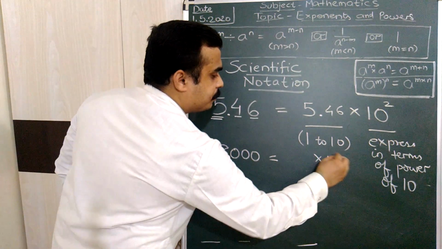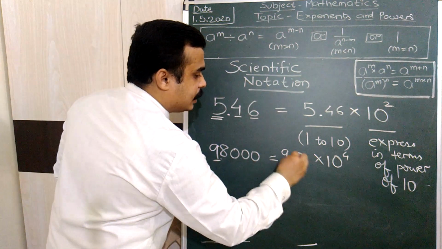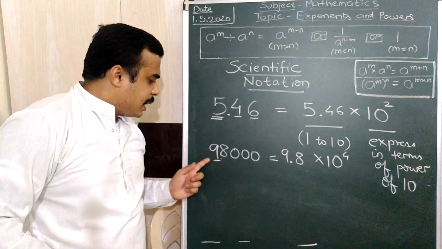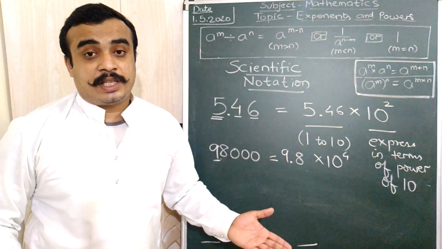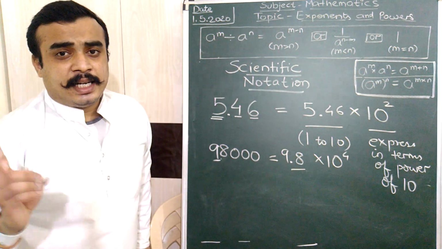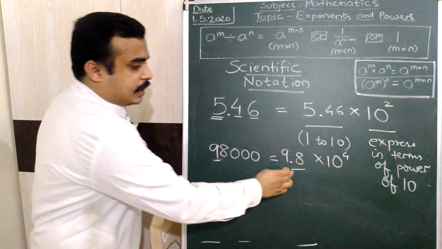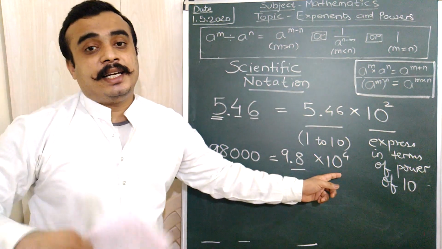So that will become 10 raised to the power 4, and this will become 9.8. And when you solve this, you will get the 98000. Okay. Now we have to check whether the scientific notation is right or wrong. Now the first part must always be between 1 and 10. So 9.8, yes, comes between 1 and 10. So it is right. And the second part, yes, it is also right because we have expressed it in terms of power of 10.